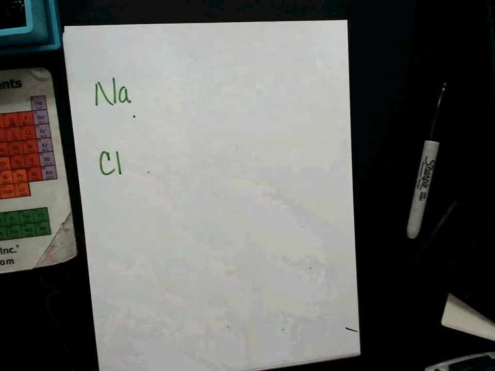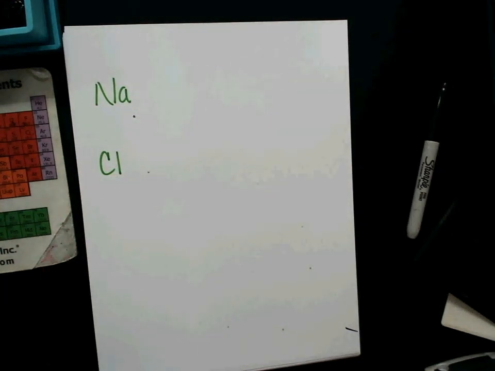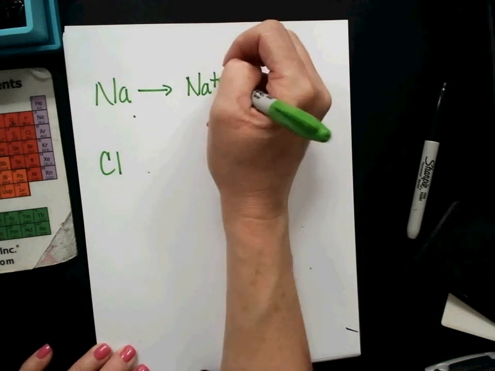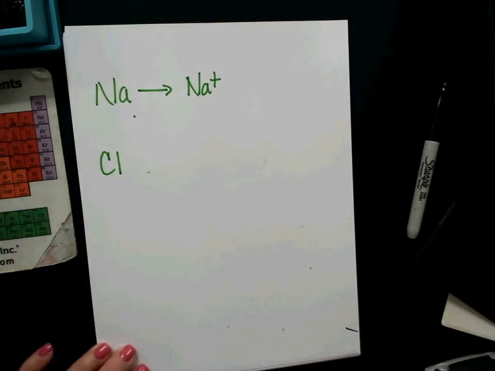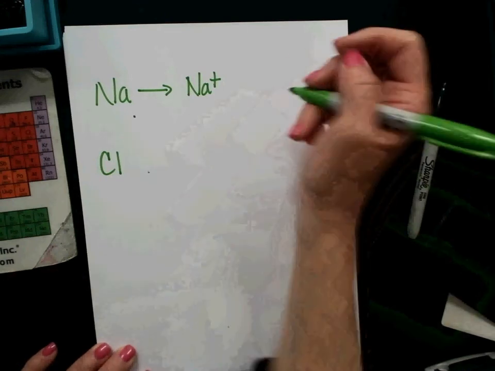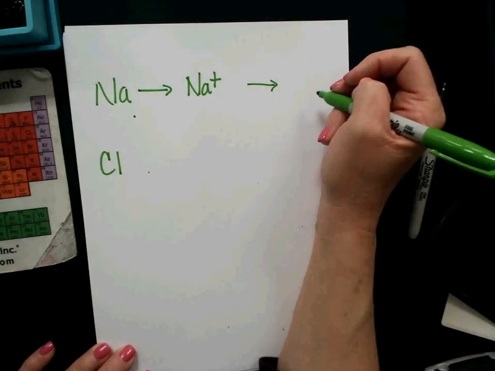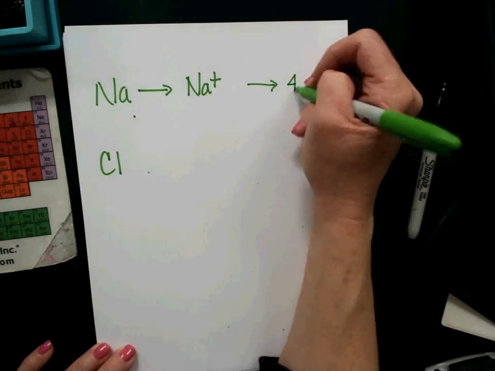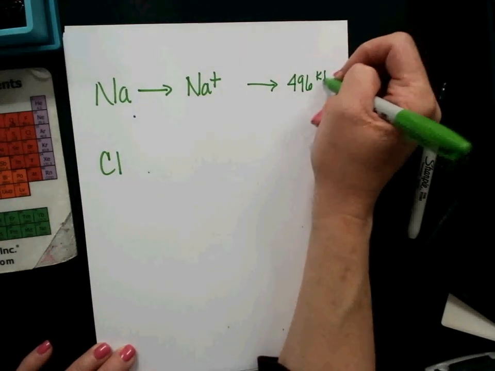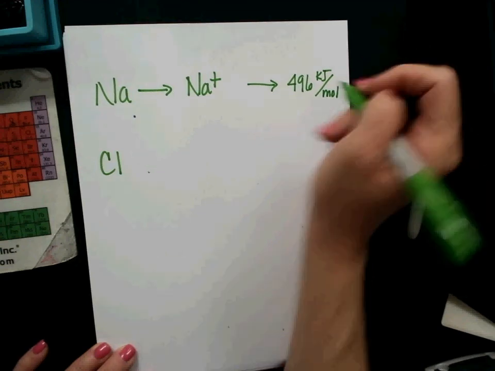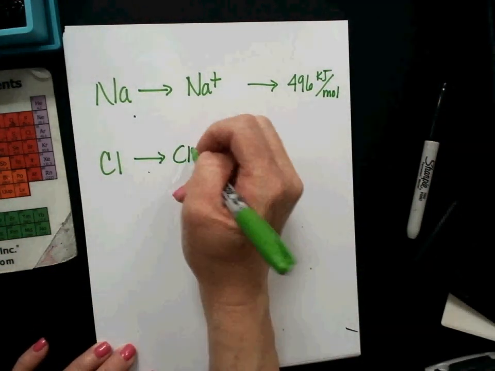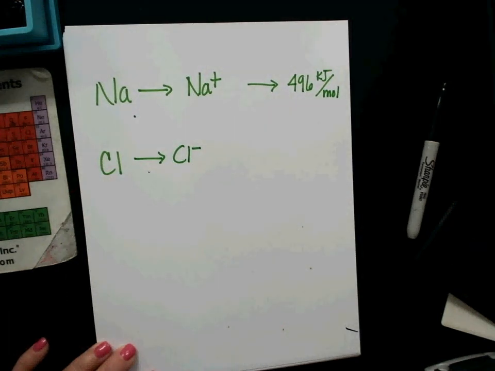So when we look at this, we're going to look at our Na and our Cl. When Na goes to Na plus, we've lost an electron, but it's going to be picked up somewhere. So I'm looking at 496 kilojoules per mole.